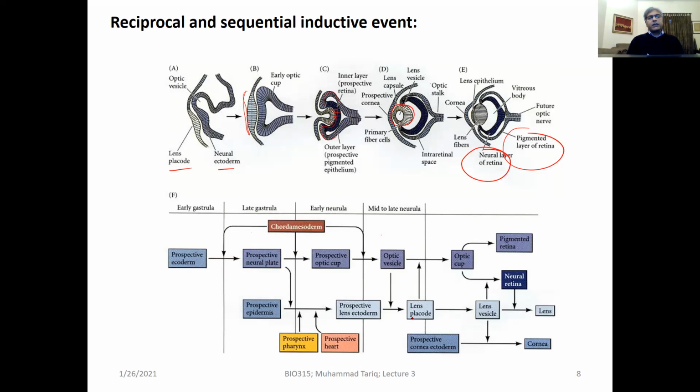Now, this is going to summarize all what we have learned so far. We are at early gastrula stage, late gastrula stage.